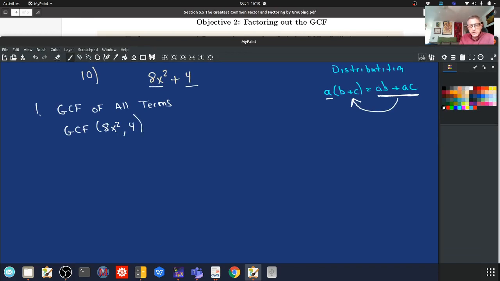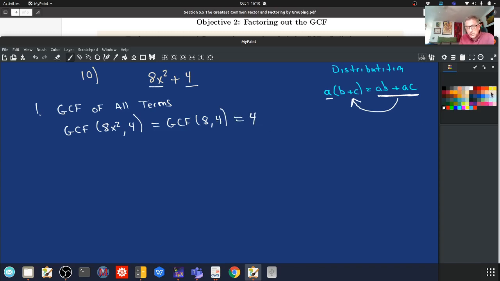Since only one of those terms has an x squared in it, all I really care about is the GCF of 8 and 4. And now my little theorem is really helpful. I know that my GCF of 8 and 4 is going to be greater than or equal to 1 and less than or equal to 4. It's going to be equal to 4 if 4 evenly divides 8. And 8 divided by 4 is 2. So I'm done. It's 4.